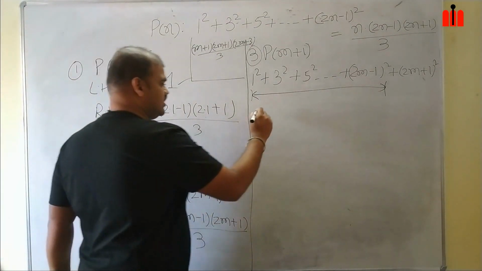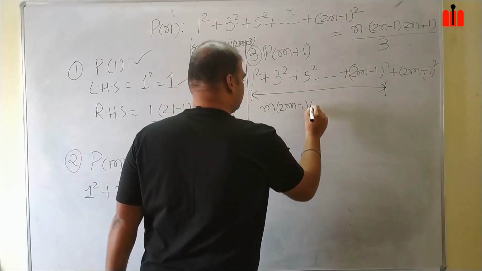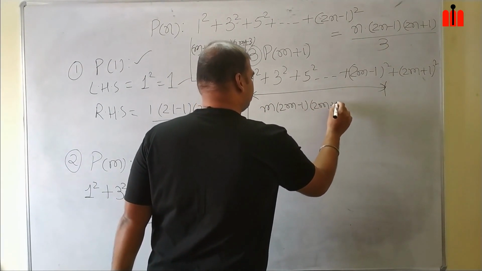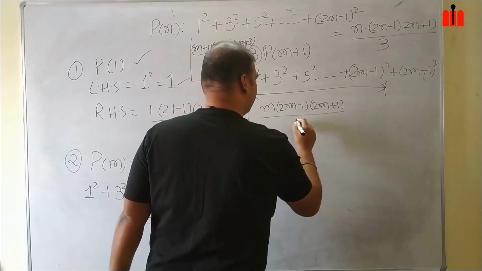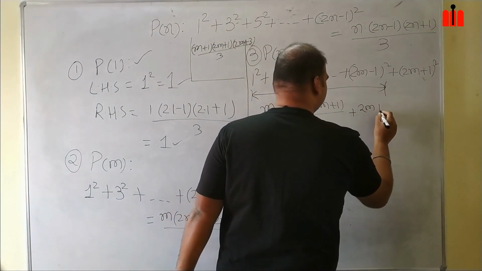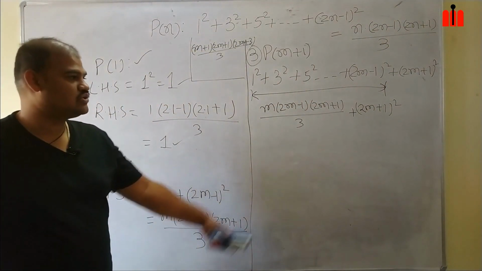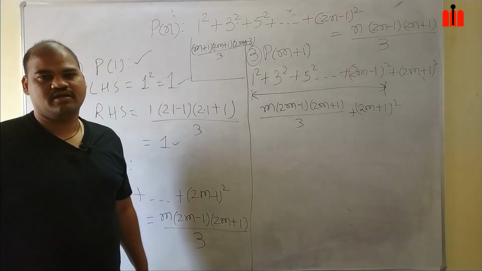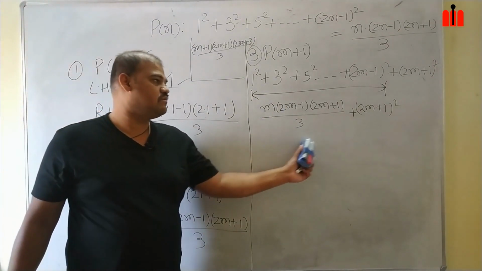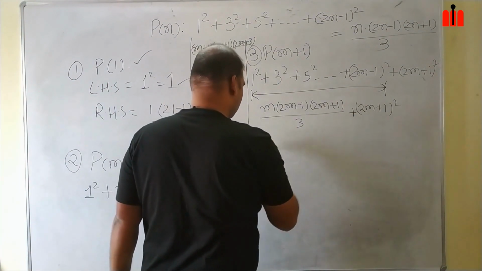Let's substitute that. It will be m(2m minus 1)(2m plus 1) by 3 plus (2m plus 1) whole square. This will be my step after substitution. Now I will take 2m plus 1 common.